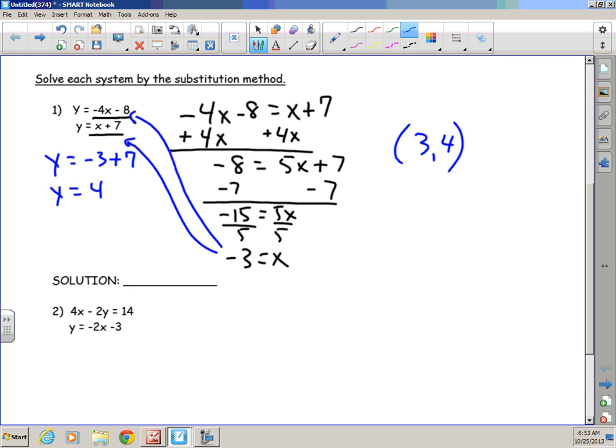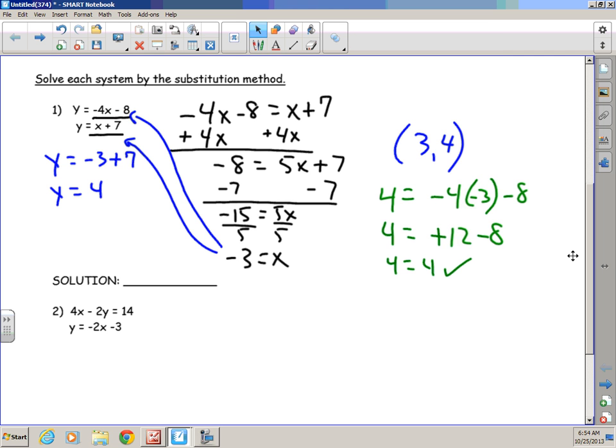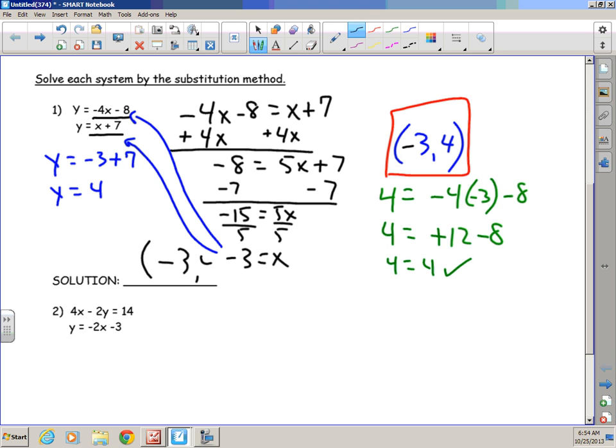And what the last step was saying, as a final check, if you put 4 in for y and -3 in for x into the other equation, you will get a check. If you were graphing, this would be the point of intersection. It all intertwines. So my solution is -3, 4.